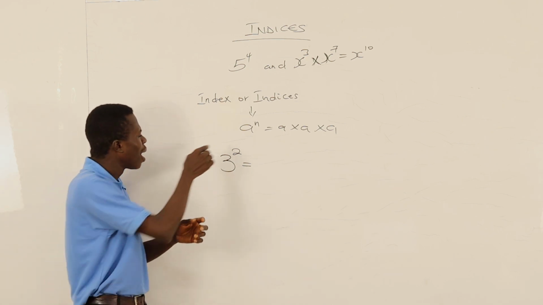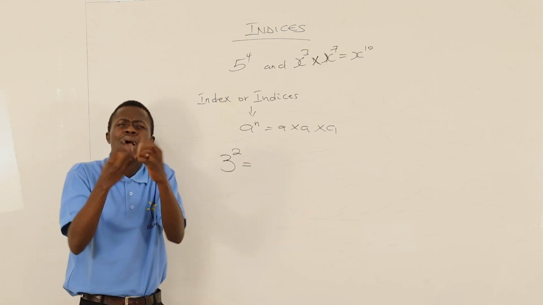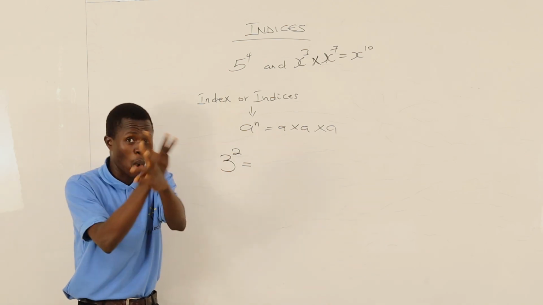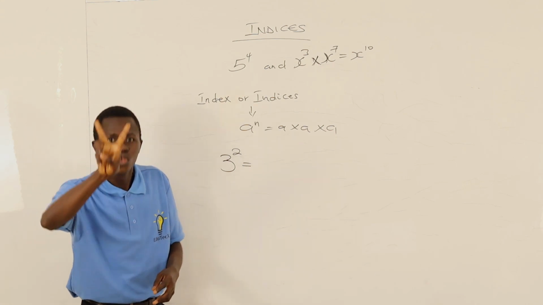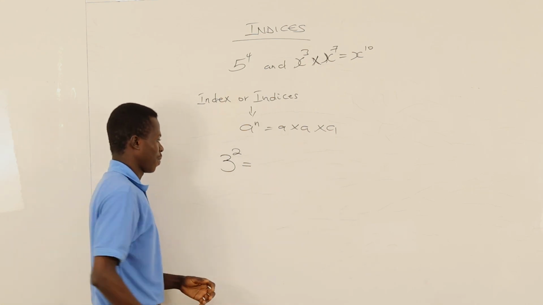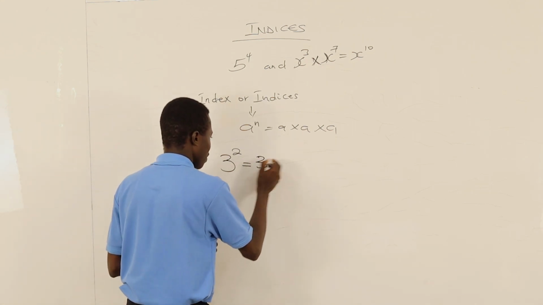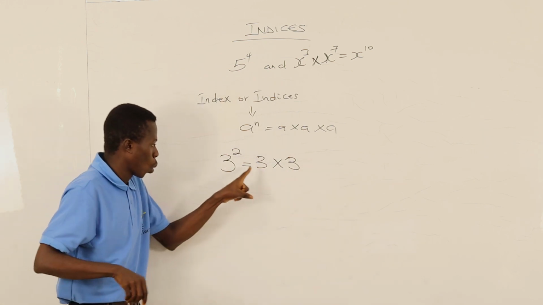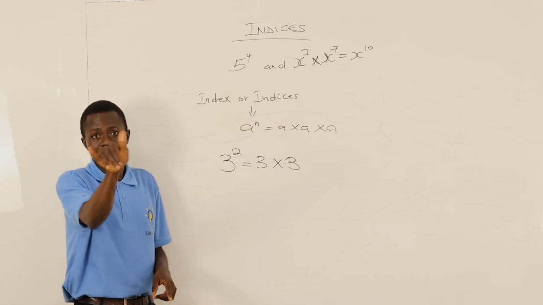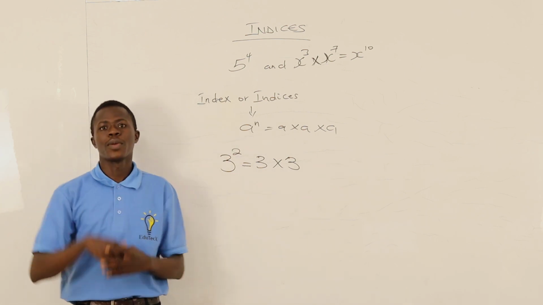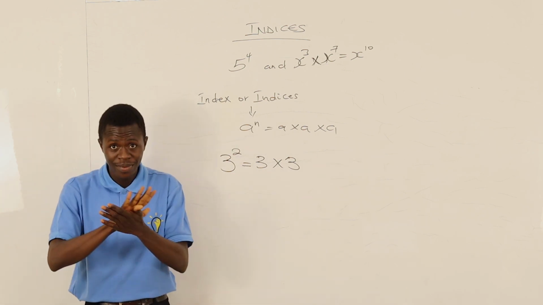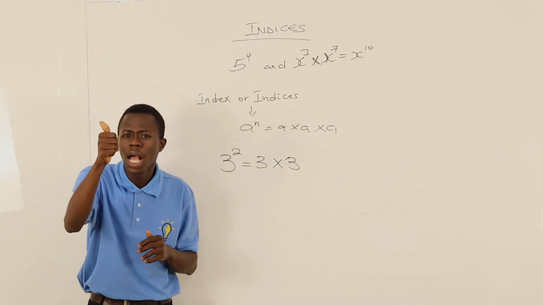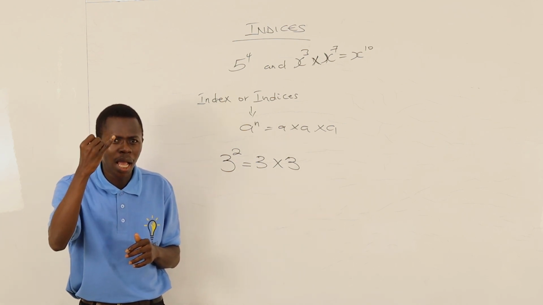This also means that the base 3 is multiplying itself how many times? Yes, the number of times it's raised to the power, which is 2. So the base 3 is multiplying itself twice, and hence we have the expression 3 multiplied by 3, appearing twice. So that's what it basically means.